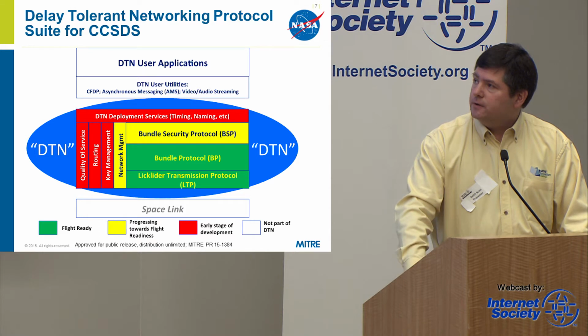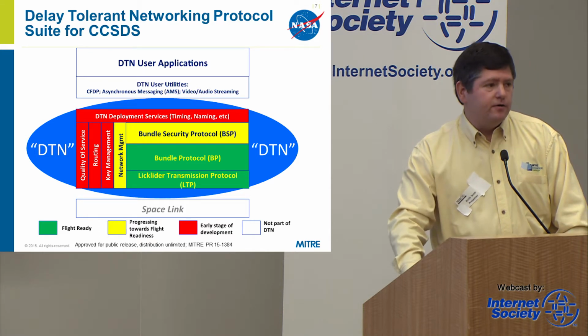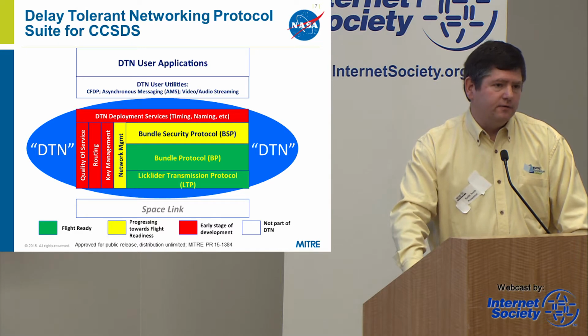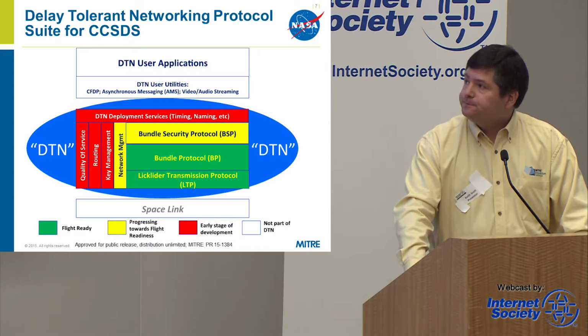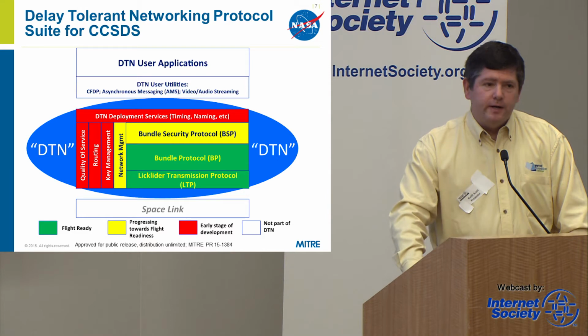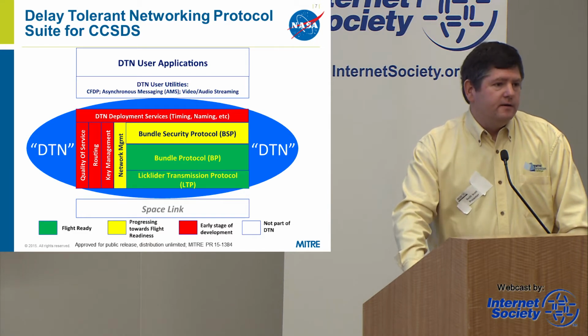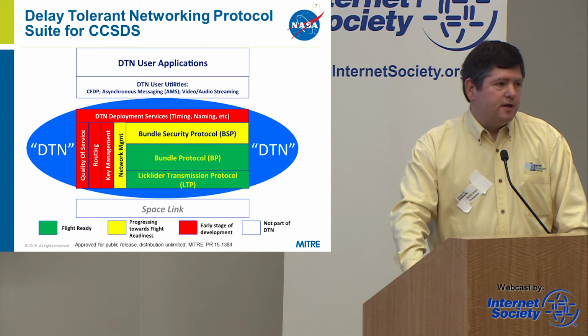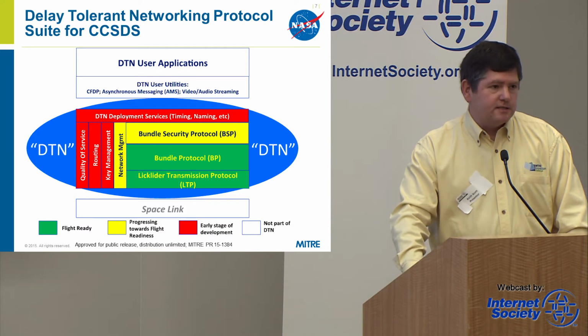There's also some sort of convergence layer living underneath it, and in the space community, that's been the Licklider transmission protocol. LTP, what LTP provides there is really reliability on top of the data link, which is not something that the CCSDS specified data links do particularly well without LTP.